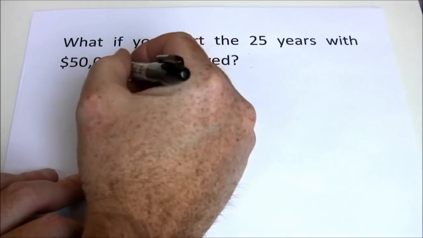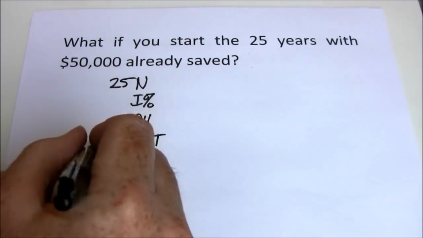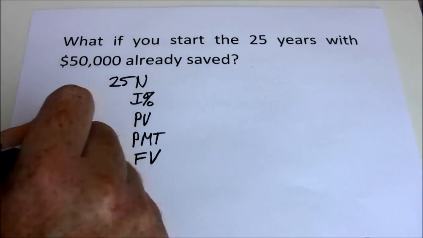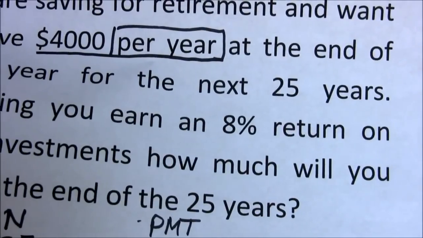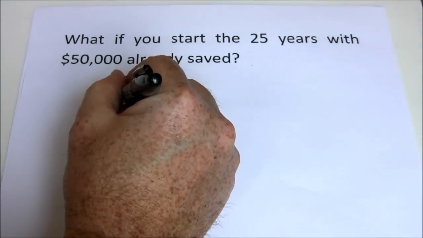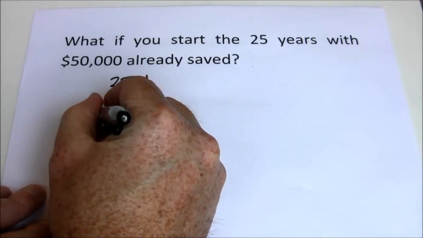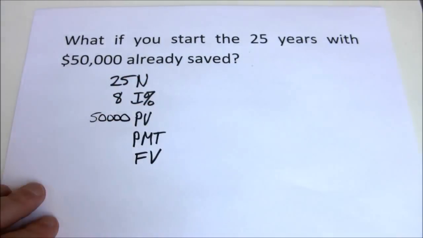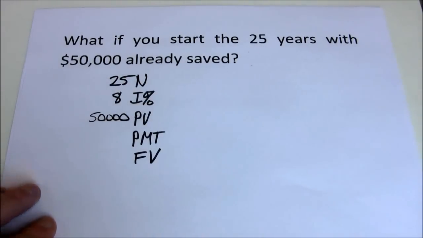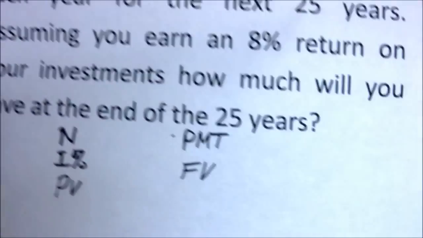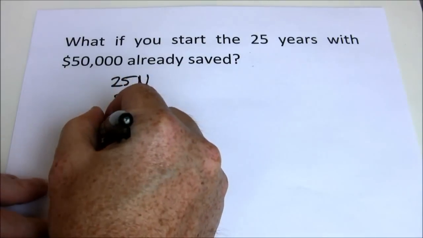And our N is going to be 25. Our interest rate is still the same 8% that we had before. But now our present value is $50,000. And our PMT is the same $4,000 per year that we were saving in our previous example.